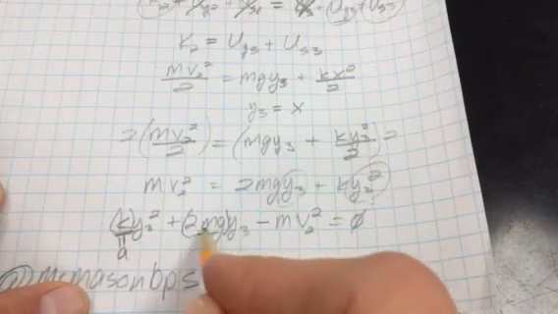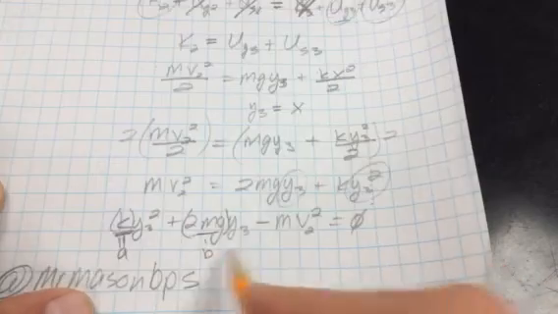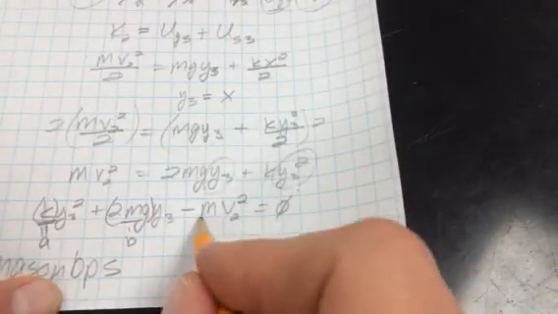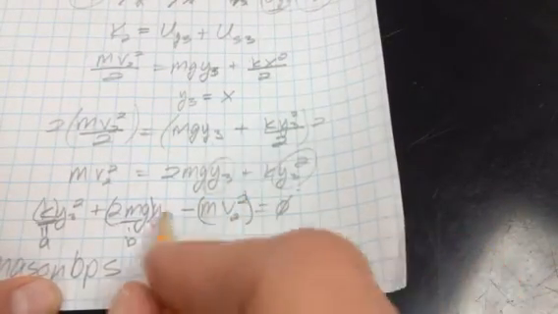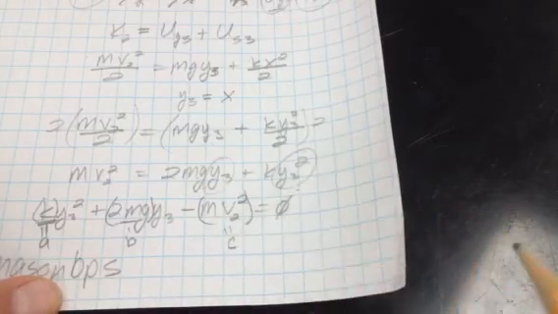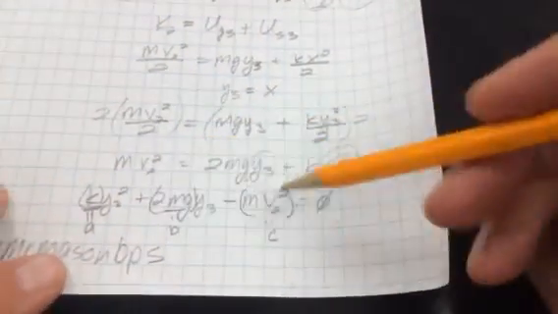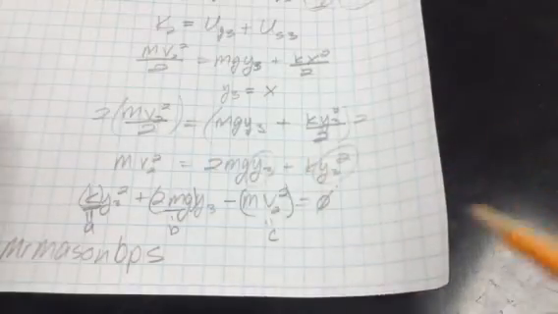This segment here is going to be equal to B in my quadratic formula, and then this whole term is going to be equal to C in my quadratic formula. And then it's just a matter of plug and chug into your quadratic formula.